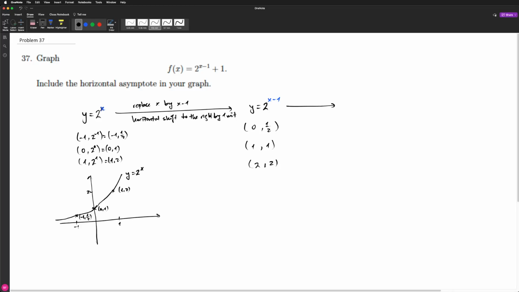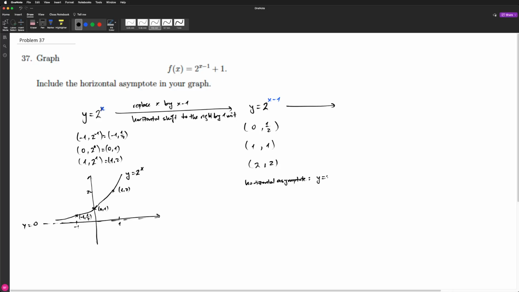And the question says include the horizontal asymptote in your graph, so maybe we should put that information here as well. The horizontal asymptote was y equals 0, and the horizontal asymptote will stay y equals 0. I'm shifting the horizontal asymptote to the right, but it will stay the same, right?